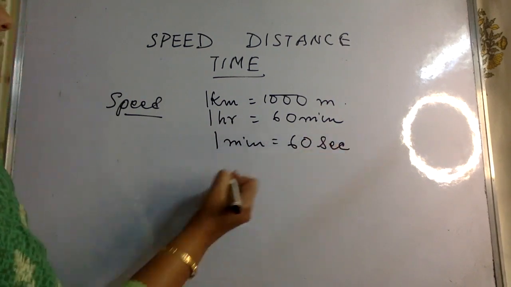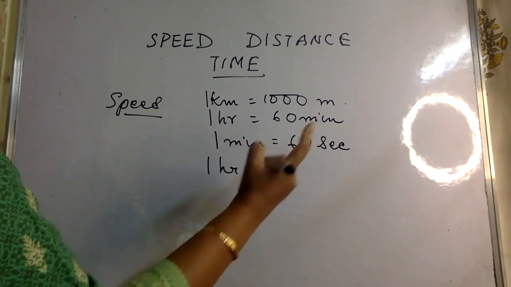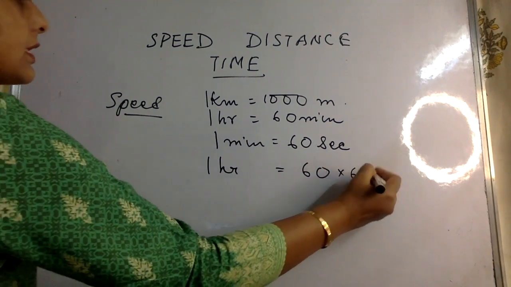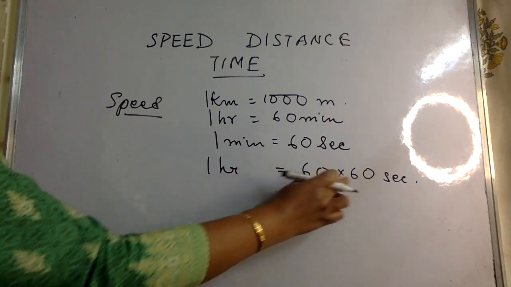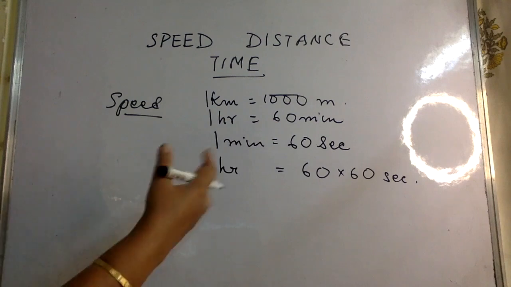Not just that, you also have to know how many seconds 1 hour is. This turns into minutes, and further into 60 seconds; for every minute we multiply with 60. So 1 hour is 3,600 seconds.